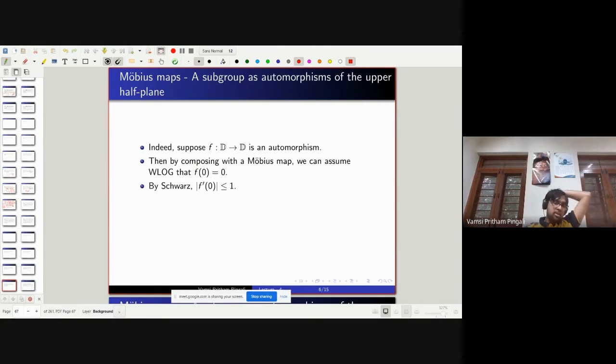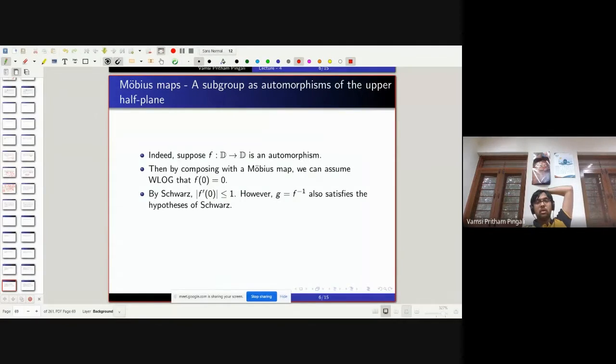F inverse takes 0 to 0 and f inverse takes the disk to the disk. So f inverse also satisfies the hypotheses of Schwarz's lemma. Okay? In other words, the modulus of the derivative of the inverse at 0 is also less than or equal to 1 according to Schwarz's lemma.